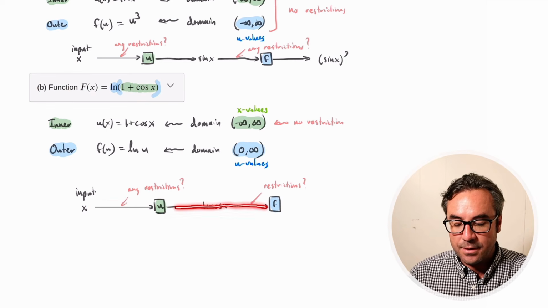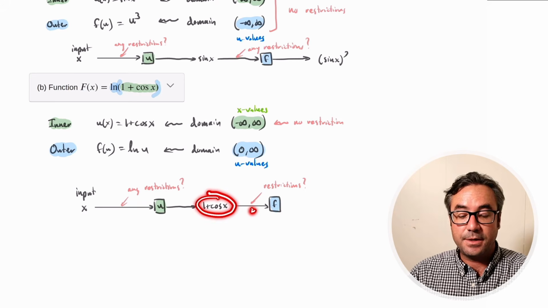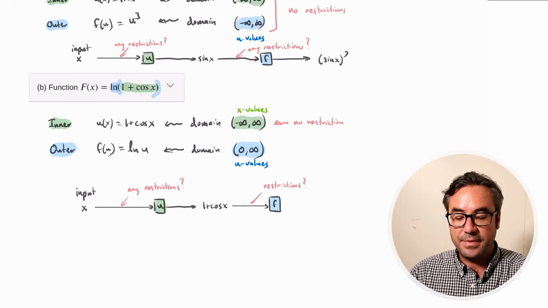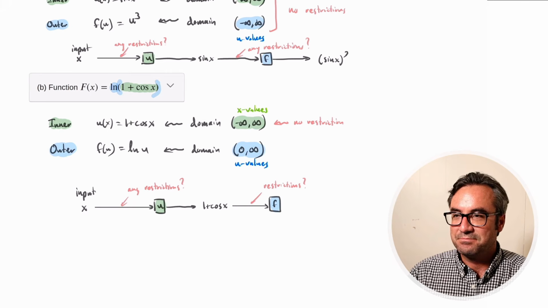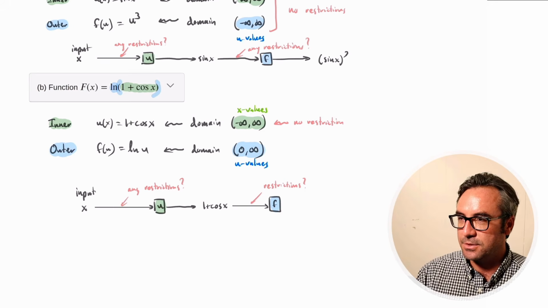But now, as that x value keeps going, this is where it might run into some issues, because 1 plus cosine x conceivably could be negative, or it could be 0. And that's going to put a wrench into the assembly line, could gum things up here, could break things.